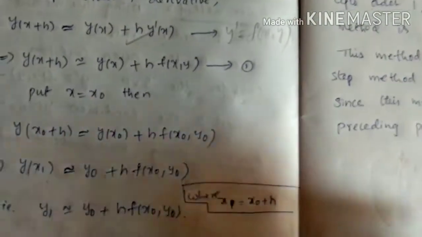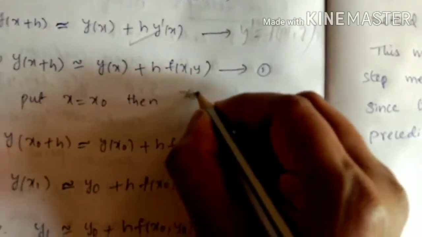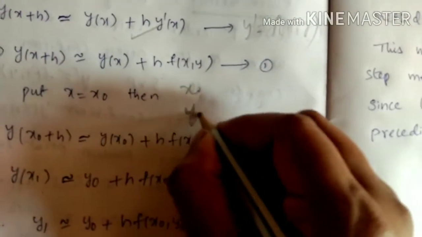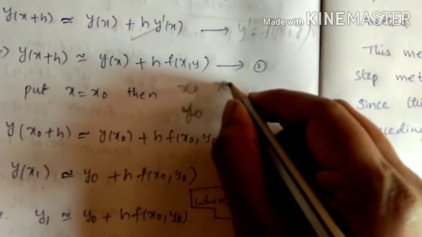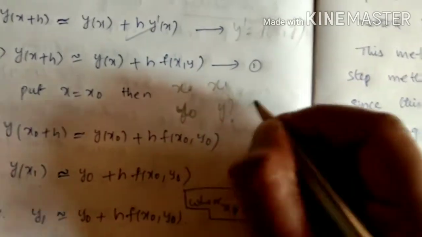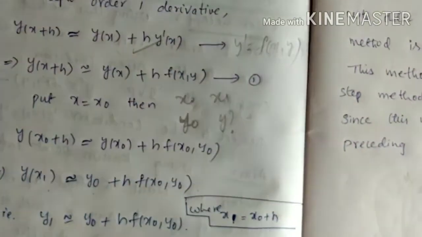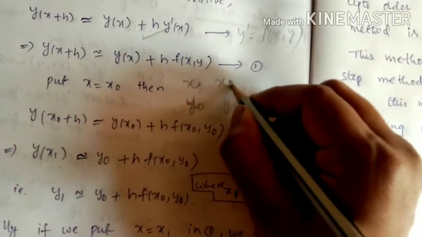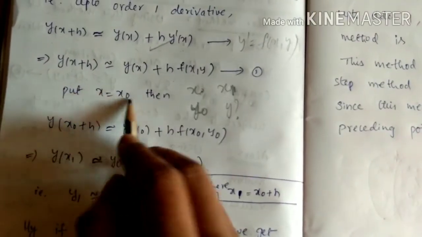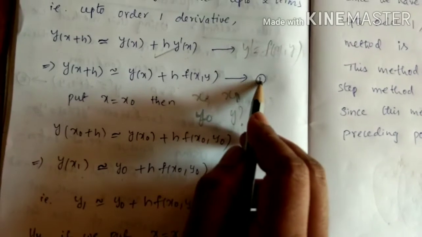Now our aim is to find y at some x. That x can be taken as x1, and let us put x equal to x naught in equation 1.